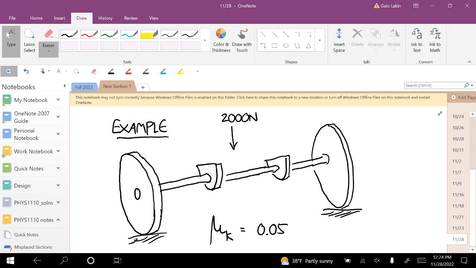Okay, well, in this case, we're going to take one of these two bearings, and that one bearing is going to take half of that weight. So our W is just going to be 1,000.